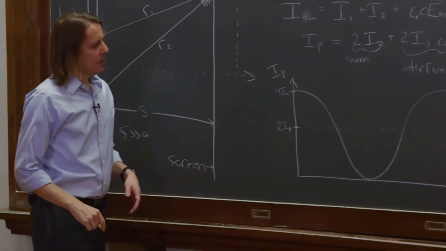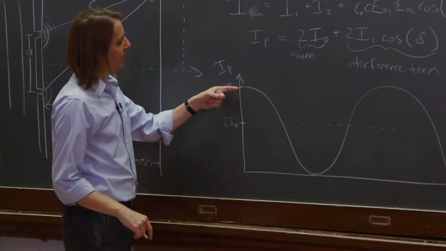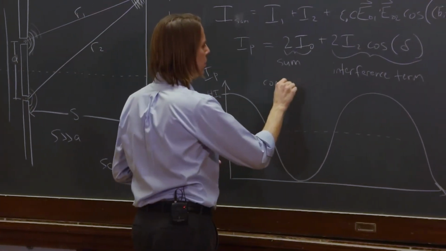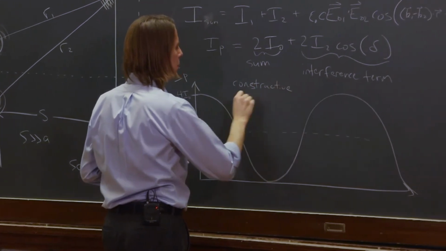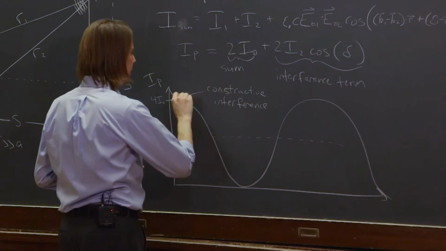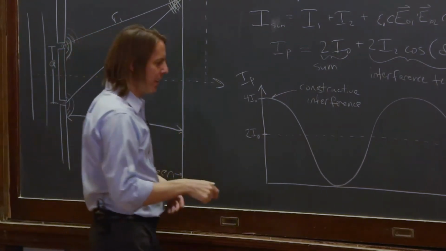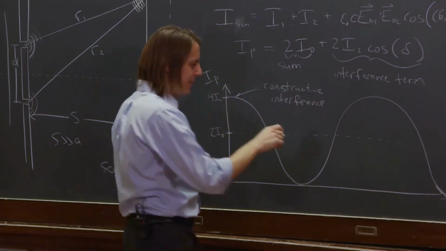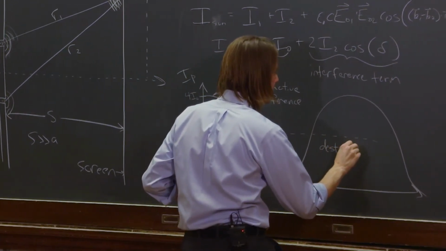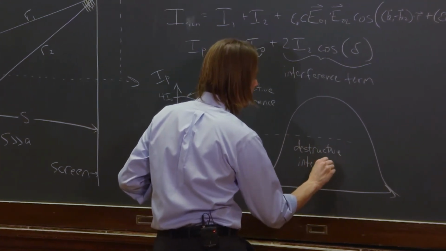So we can get more than just summing the two when we have constructive interference. That's when the two sine waves are in phase and their amplitudes add. And you can have them out of phase, and it can sum to 0. That's destructive interference.